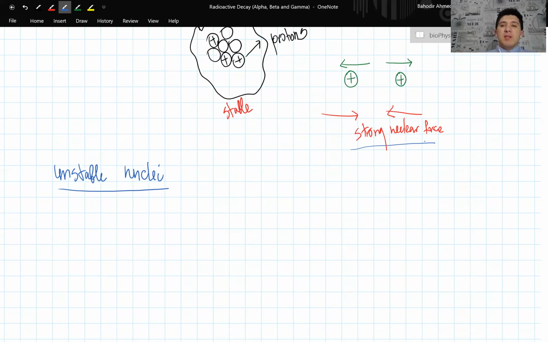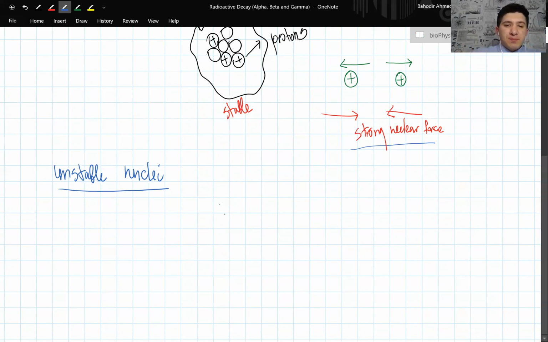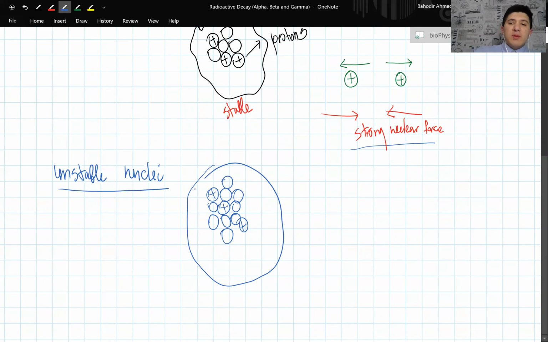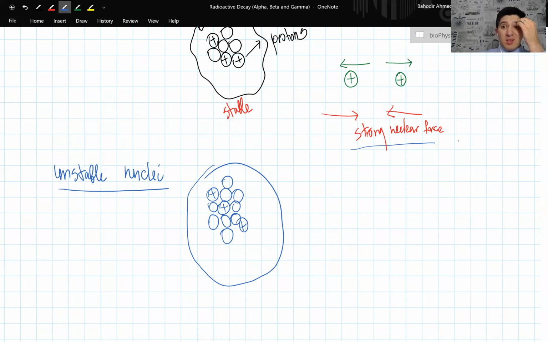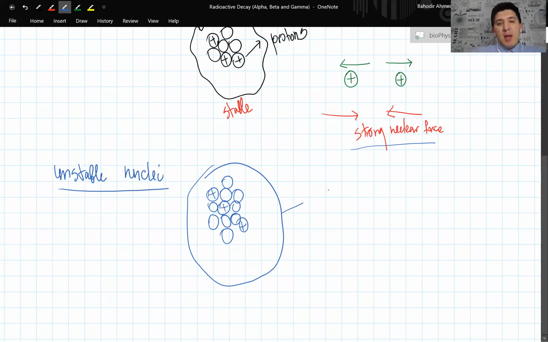Let's assume that this nucleus has too many particles inside, where the strength of the strong nuclear force becomes smaller. Then this nucleus starts to stabilize itself by giving out some of its particles. And this process is called radiation.